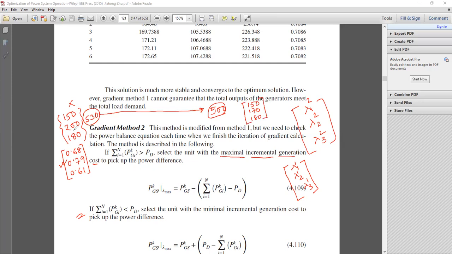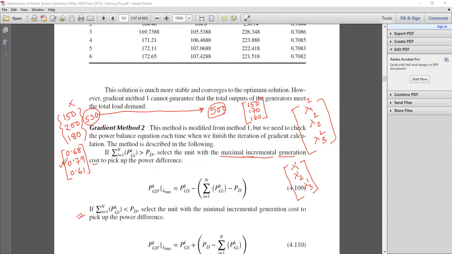Why are you reducing from the highest incremental generation unit? Because if you can reduce the load from that, you can reduce your cost. Is that clear? Incremental generation means how much cost will be incurred upon you for increasing 1 unit of power output from that unit.